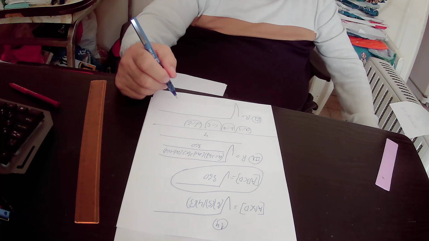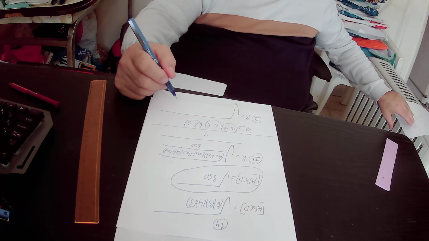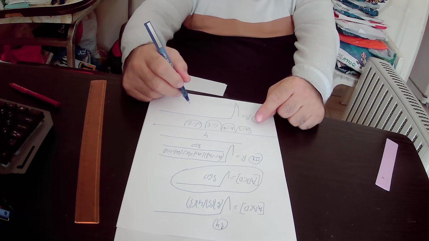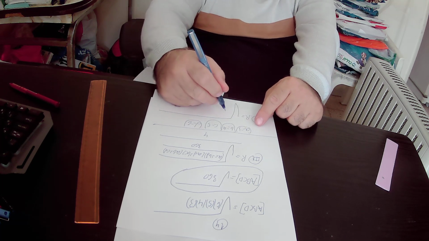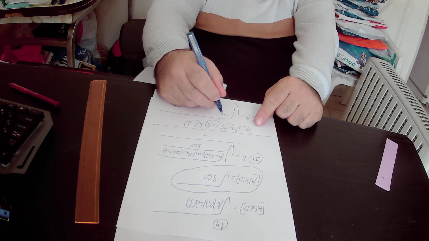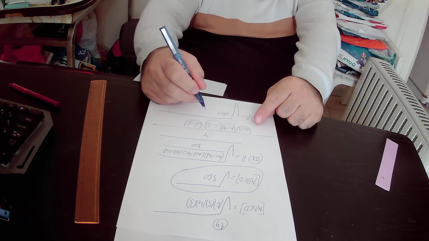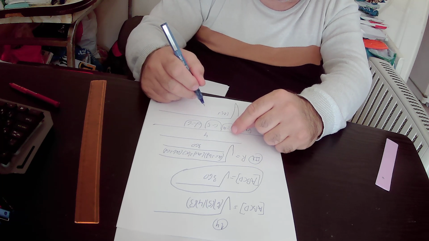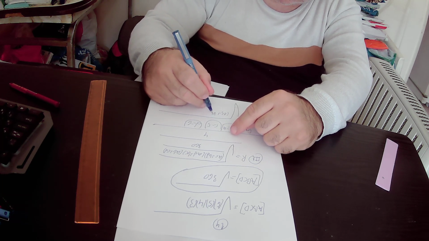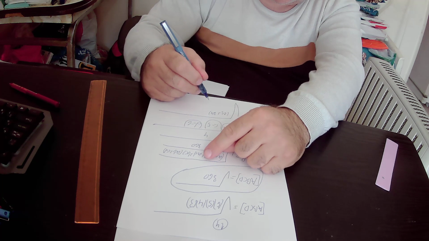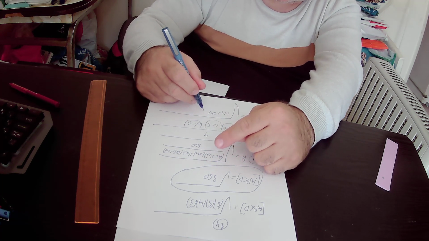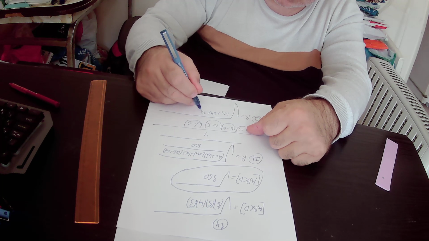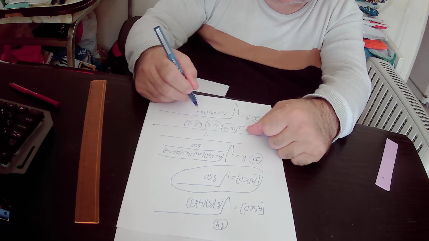AC. A equals 3, C equals 5, so 3 times 5 is 15, plus BD. B is 4, D is 6, so 4 times 6 is 24, times AD. A is 3, D is 6, so 3 times 6 is 18, plus BC.